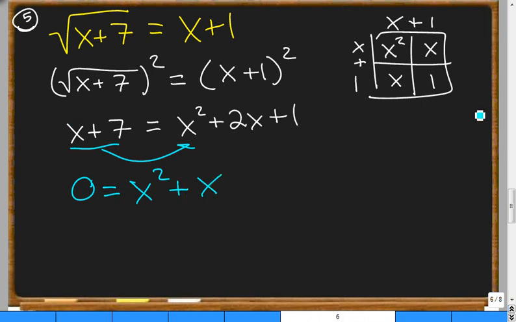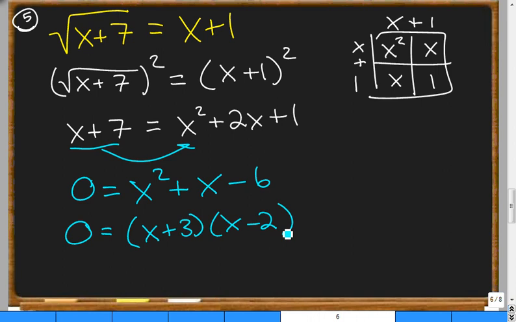We take the x away from the 2x, and then we're taking the positive 7 away from the 1. We're going to get minus 6. You can do the quadratic formula, or you can factor. I'm going to choose to factor. So this is going to be x plus 3 times x minus 2. This would tell us that x could be either negative 3 or 2.